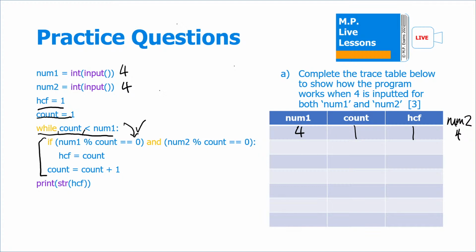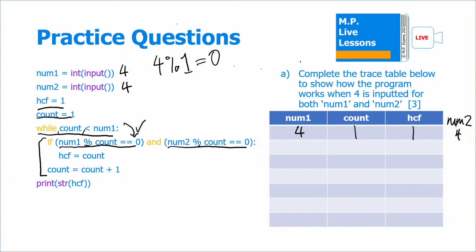Now this is actually a modulus operator, so all this here checks if divisible. For example, num1, that's 4 right now, modulus 1, which is count. 4 divided by 1 is 4 exactly, so no remainder. So 4 modulus 1 is 0, and that's true.